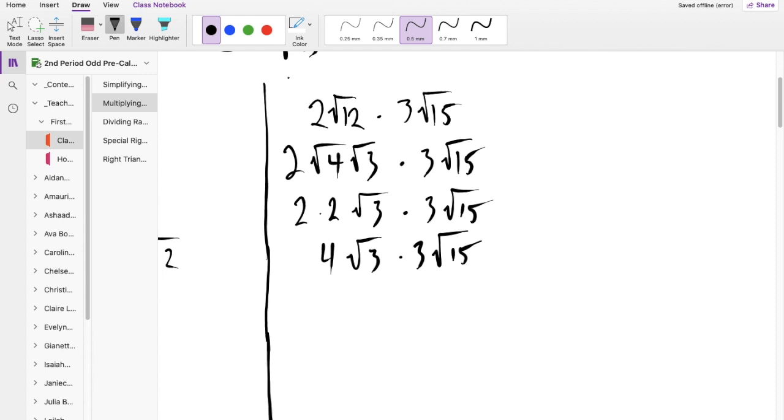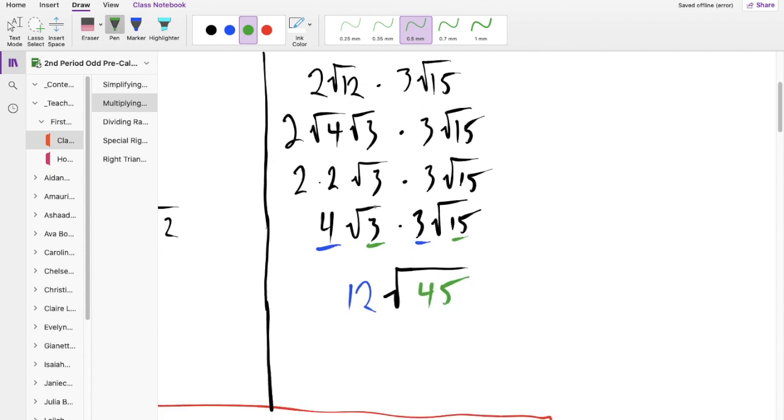So let's start by multiplying our coefficients. I'm going to multiply this 4 and this 3 to give me 12. We need to multiply the 3 and the 15 now, because those are our radicands, and that gives me 45. So I can simplify the square root of 45.